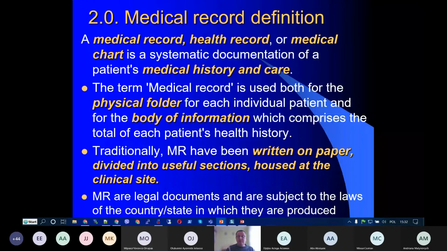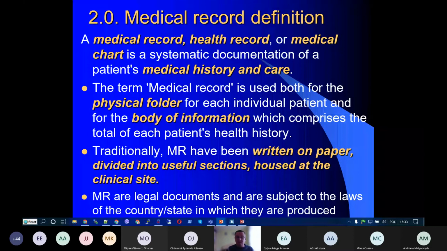In general, if we talk about what medical records are and how they looked through hundreds of years, a medical chart is systematic documentation of a patient's medical history and care. It used to be represented like a physical folder, but it is also the entire body of information which comprises each patient's total health history.